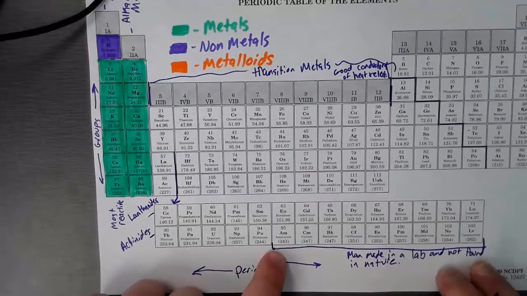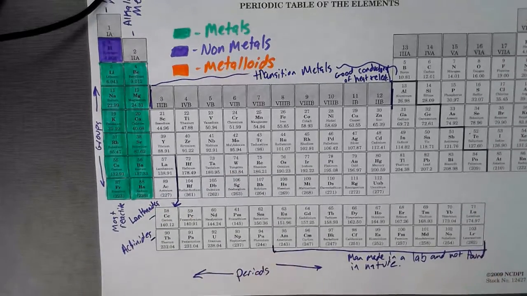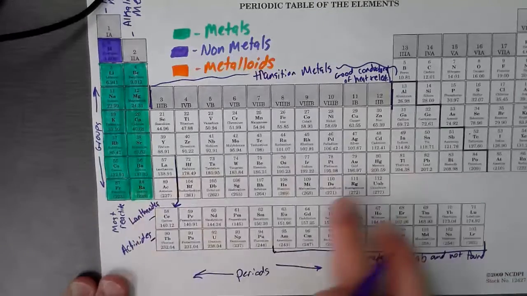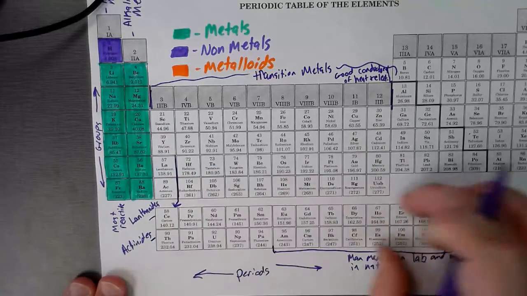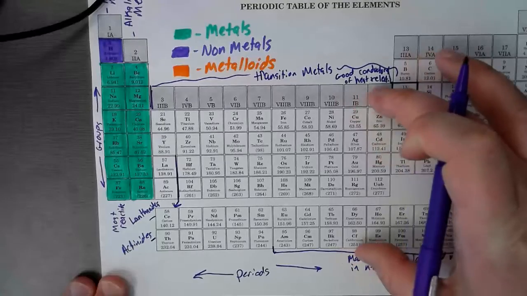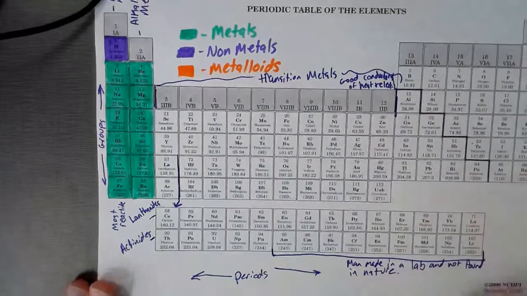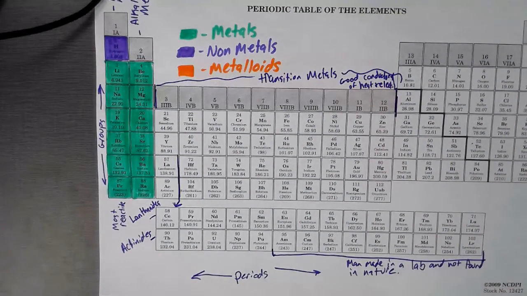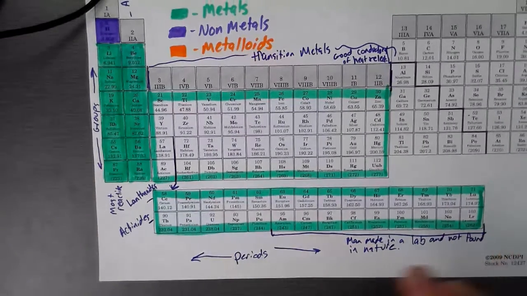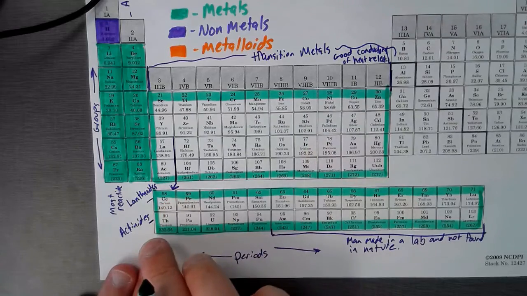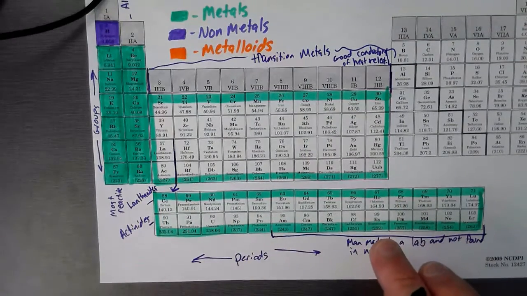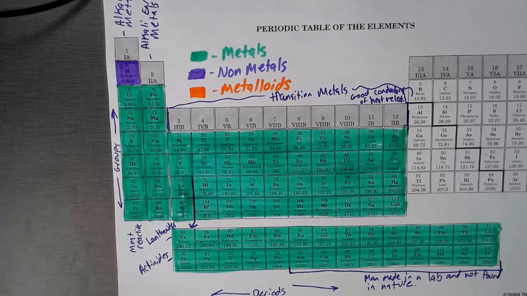So 95 all the way through 103. Now, all of the transition metals, including the lanthanide and the actinide series, are all metals. So we're going to color all of these our metal color. As you see right here, these are the ones that we are going to color in, the transition metals in the middle and the lanthanide and then actinide series on the bottom. So it should look like this when you're done with that part.